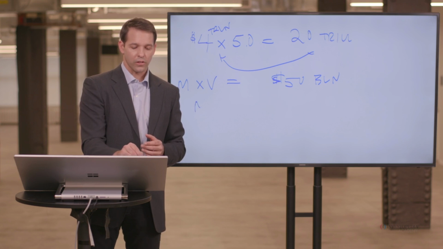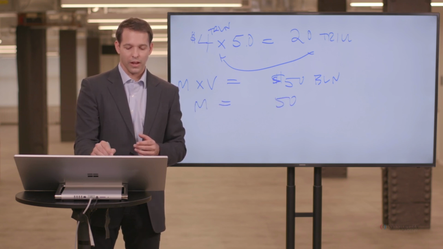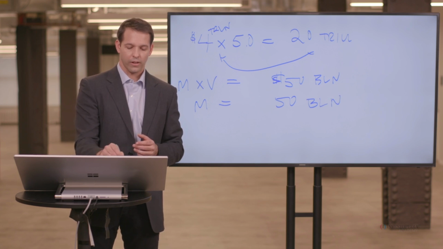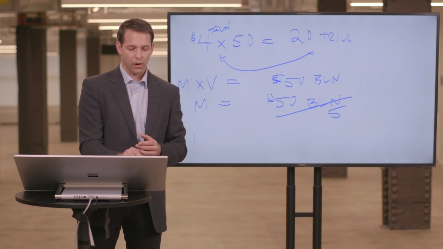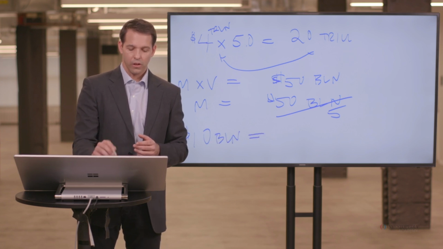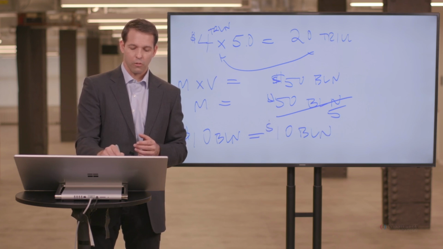To solve for this, let's make the assumption that velocity is the same as the US dollar market, and it's 5. So one use case of Bitcoin means that we need 10 billion US dollars purely for remittance payments.